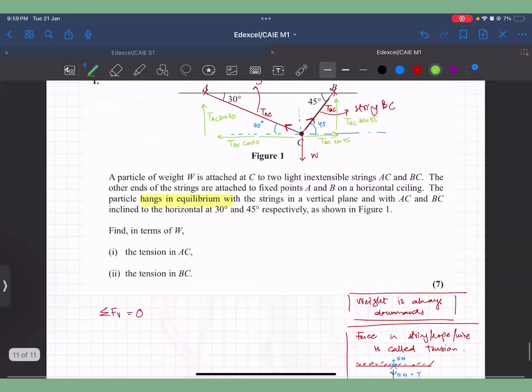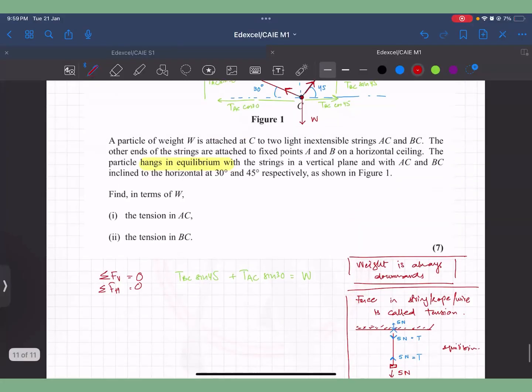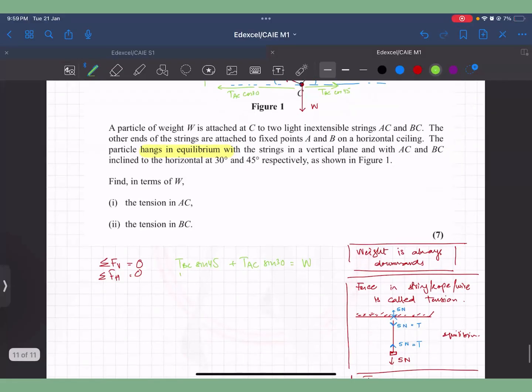So vertically upward, you have tension BC sin 45 plus tension AC sin 30 is equal to, downwards you have W. And for the horizontal ones, your equation would become tension AC cos 30 is equal to tension BC cos 45. That's it. There is no component of weight in the horizontal direction.